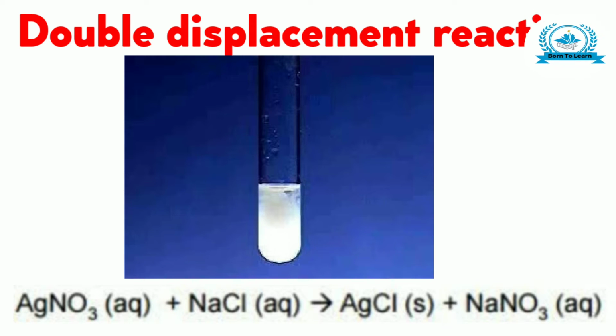In this double displacement reaction, two compounds, silver nitrate and sodium chloride, react to form two new compounds, silver chloride and sodium nitrate. An exchange of ions takes place in this reaction. For example, the silver ions Ag+ of silver nitrate react with chloride ions Cl- of sodium chloride to form a new compound, silver chloride, Ag+Cl- or AgCl.